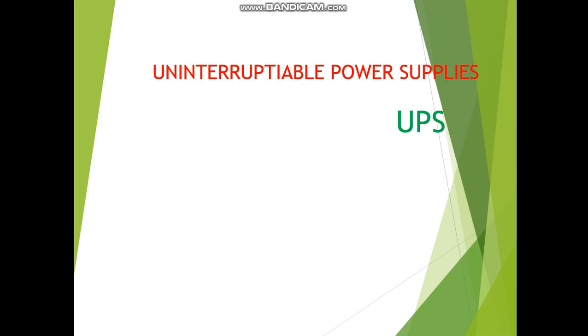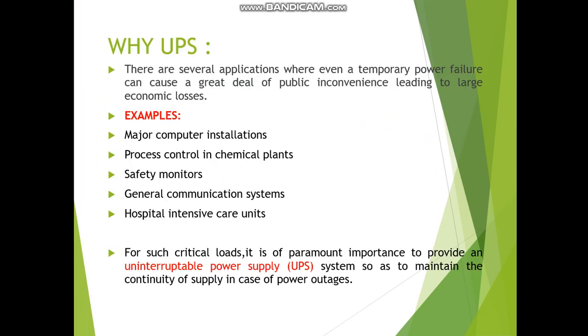UPS, Uninterruptible Power Supplies. What is meant by UPS? What is the full form of UPS? What is the need of UPS and where do we use UPS? There are several applications where even a temporary power failure can cause a great deal of public inconvenience, leading to large economic losses. These are called critical loads.